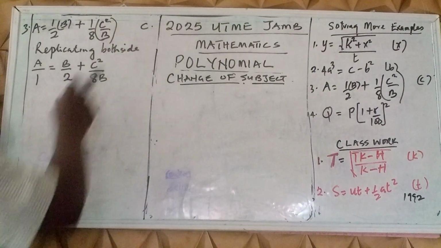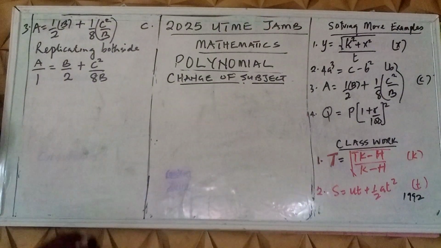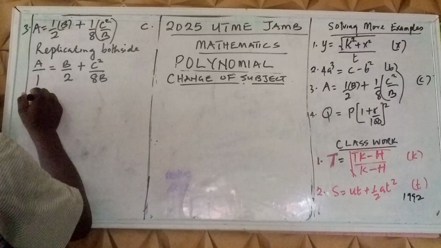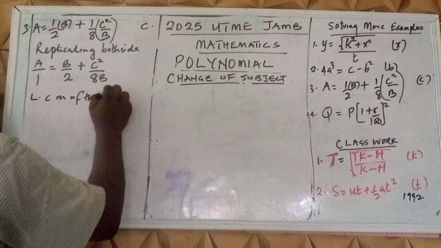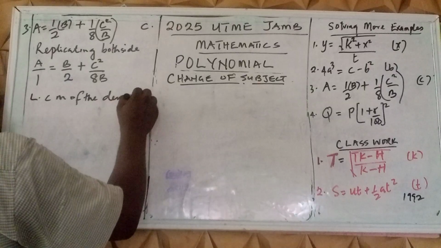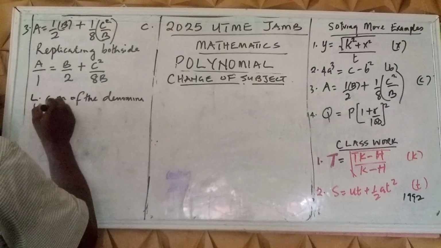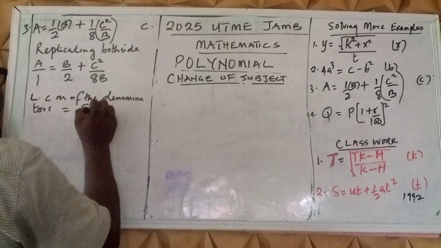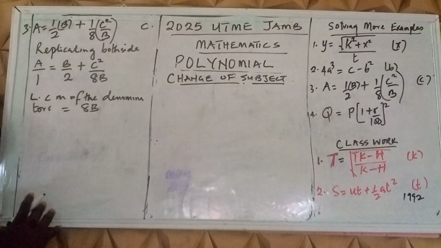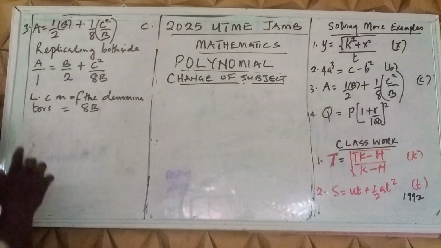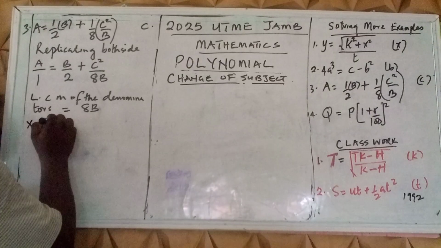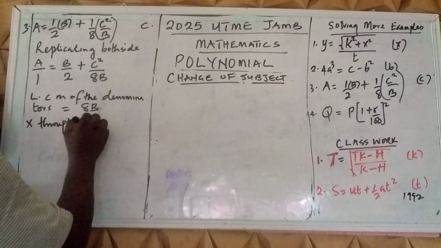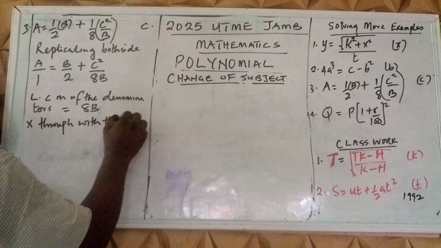We want to make c the subject of the formula. So what next? We'll look for the LCM of the denominators, which is equal to 8b. Knowing the LCM, what do I do next? I will multiply through with the LCM.